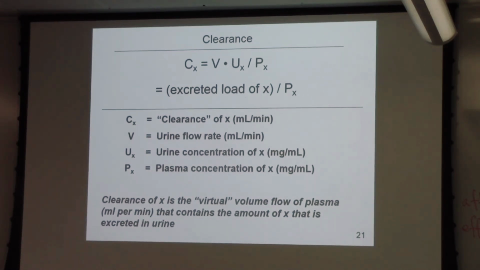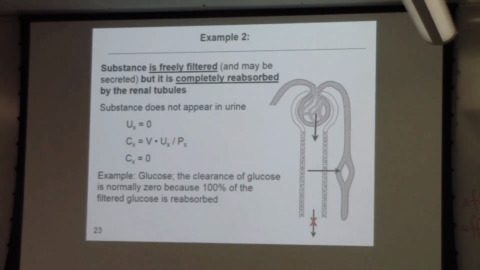I will not ask you on the quiz to do arithmetic, so you don't need a calculator for the quiz. I imagine you still want us to know this equation for the quiz. Yes, you want to know this equation for the quiz, but you will not need a calculator. And some people like to think of the clearance as a volume term, so they think of it as a virtual volume, but I find that confusing.